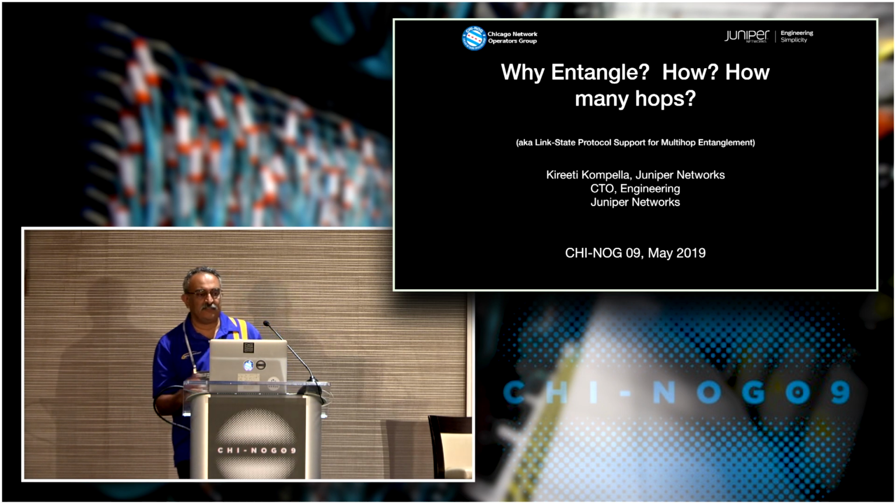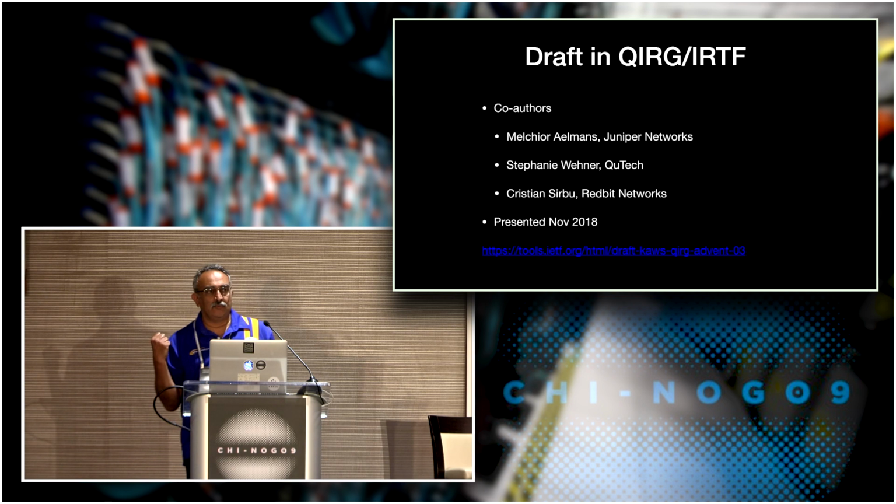This is actually an interesting work in that there was a hackathon for quantum networking, and this was at RIPE about, I think, last November. And I said, hackathon, so what are we going to do, write code for quantum computers?